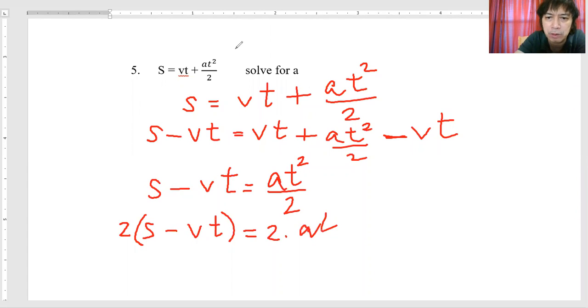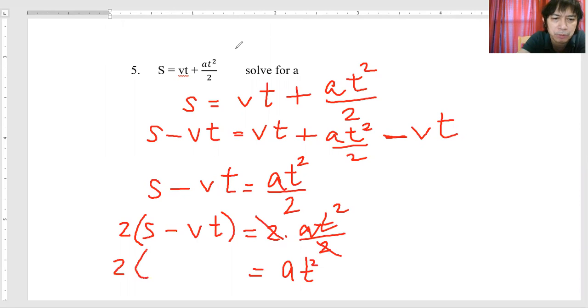You have a t squared over 2 there, and this 2 cancels out with this 2. You only now have the right side a t squared. And the left side is still 2 times s minus vt, inside the parentheses like that.